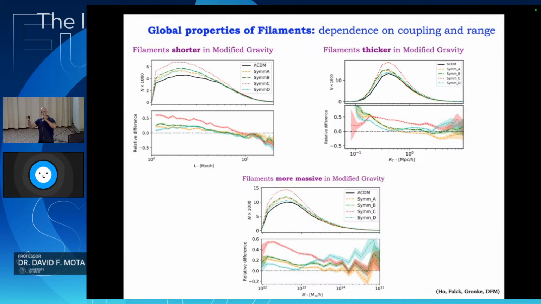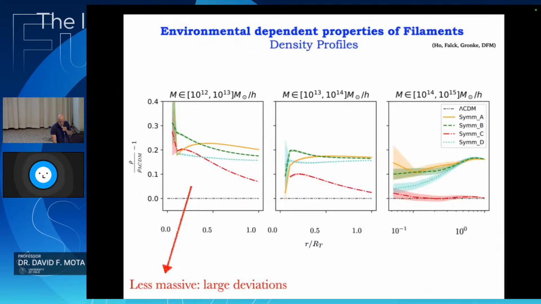Remember, if I put a lot of mass in one region, the fifth force disappears. So the fifth force is less screened when I have small filaments than when I have very massive filaments. So there's more matter, but as I start to accumulate too much matter, the screening mechanism kicks in, and the fifth force vanishes, and I just recover general relativity.